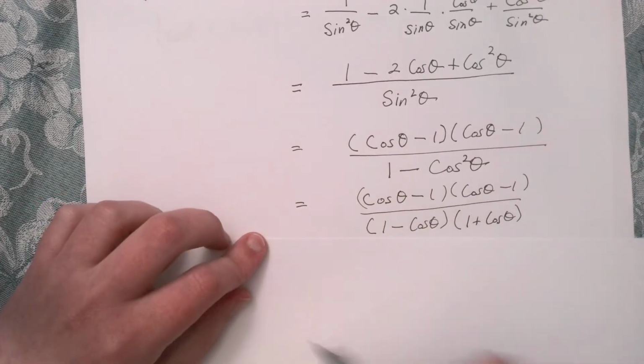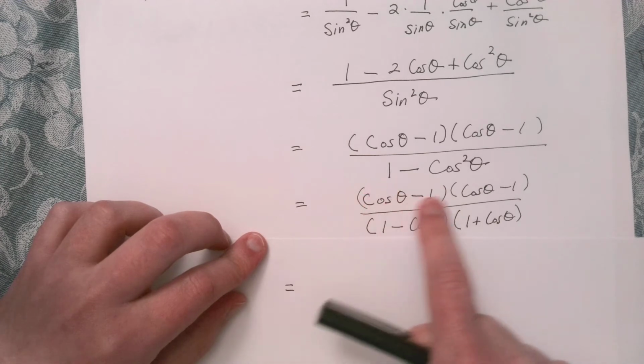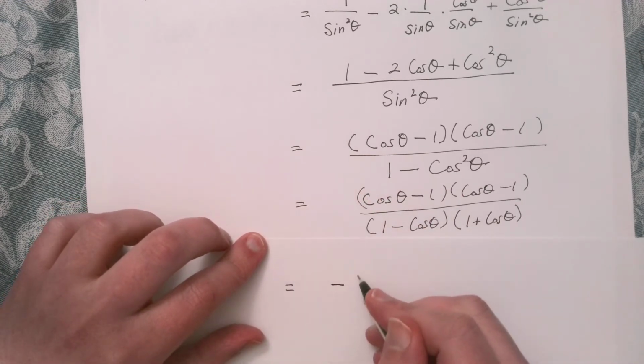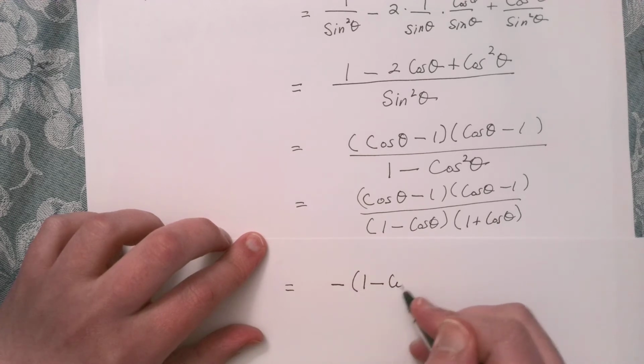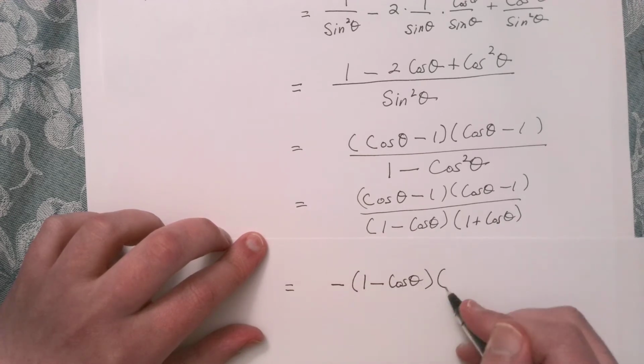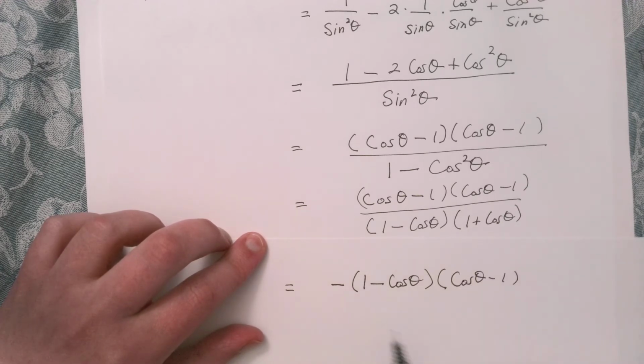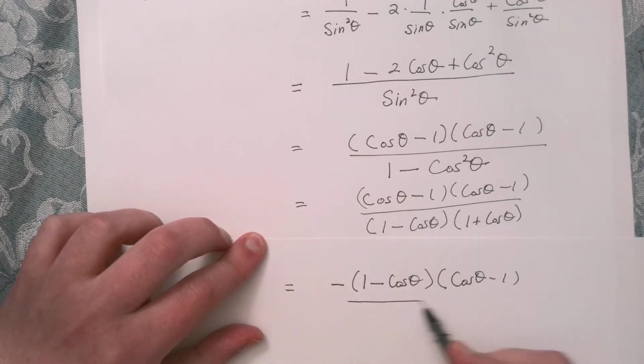And so let's factor out a -1 in particular from this. So that'll give me -1 times 1 minus cosine of theta. And then I've got cosine of theta minus 1. And you can see if I redistribute, there's the -1, and then there's the positive cosine, so it's perfectly fine.